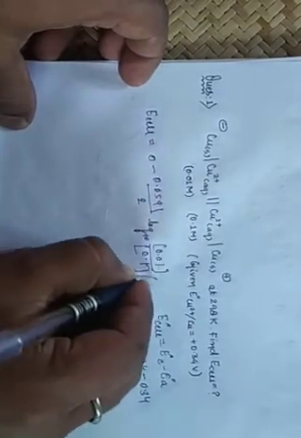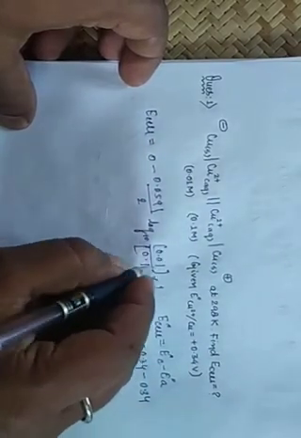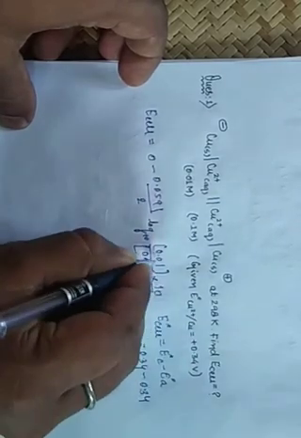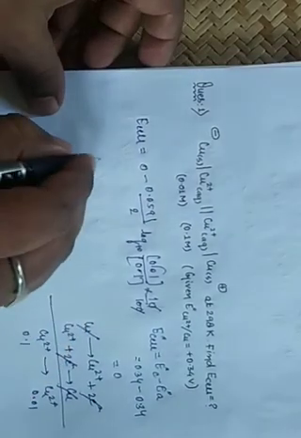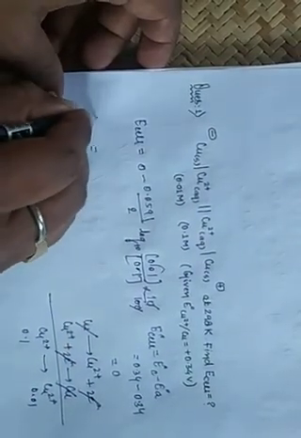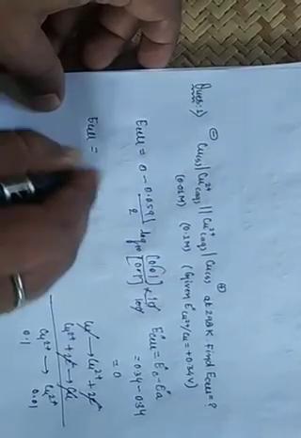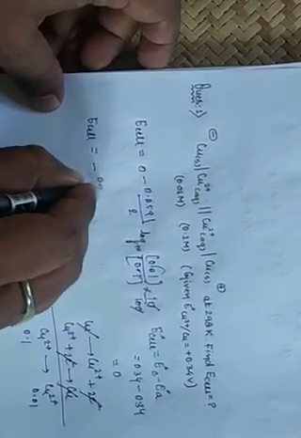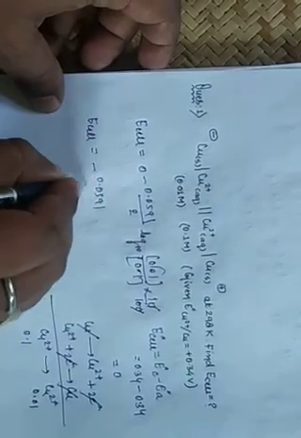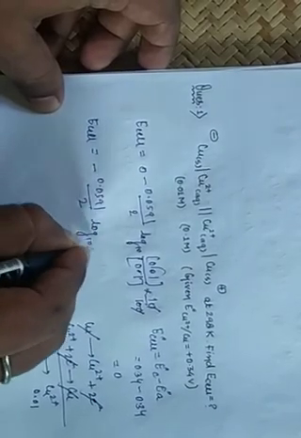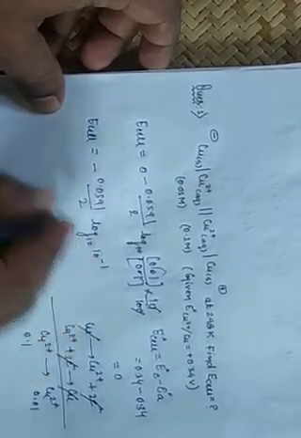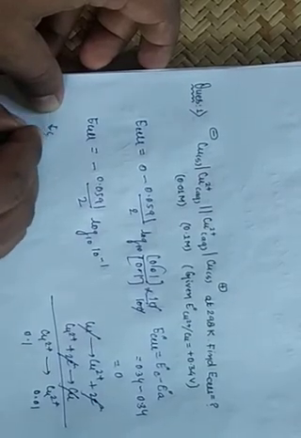Now in this case, the zeros cancel, so it means 1 by 10. Here E cell is minus 0.0591 divided by 2, and log of base 10 of 10 to the power minus 1.